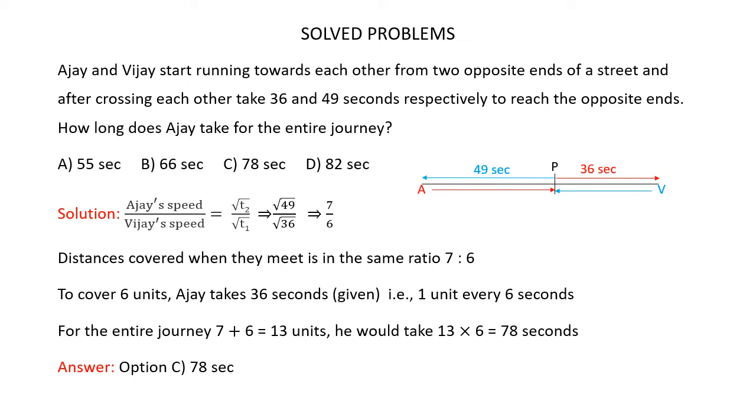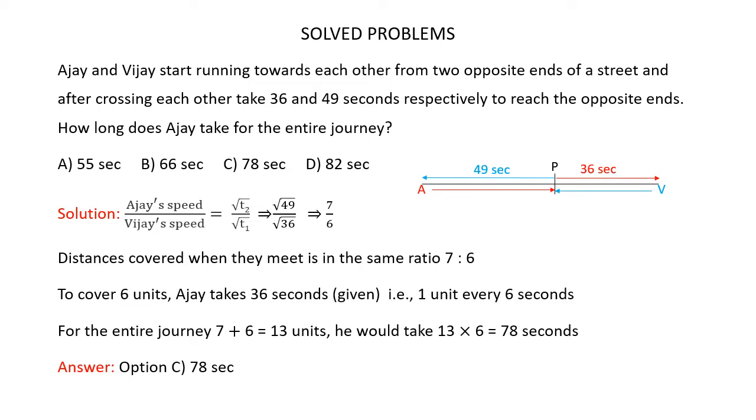Now they meet at point P, and after meeting Ajay takes 36 seconds to reach the other end of the street, whereas Vijay takes 49 seconds to reach the other end of the street. Now here we are asked to find how long Ajay takes to cover the entire journey from this end of the street to this end of the street.